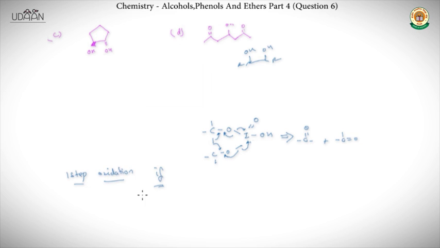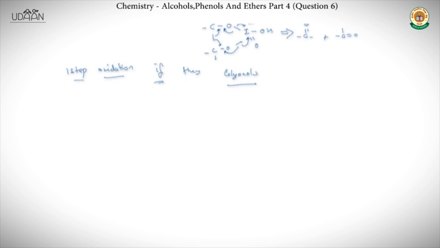if they are adjacent to each other, that is, if two adjacent carbons, like in the case of glycols, or this reaction will only happen when we have something like this.